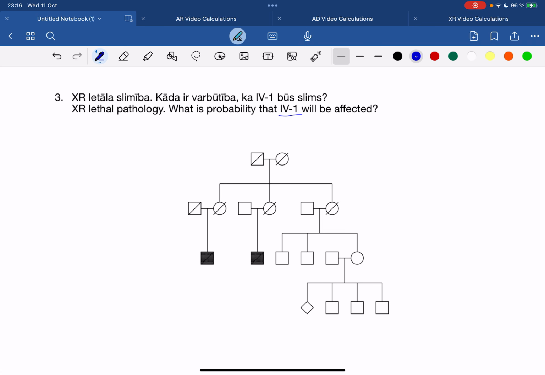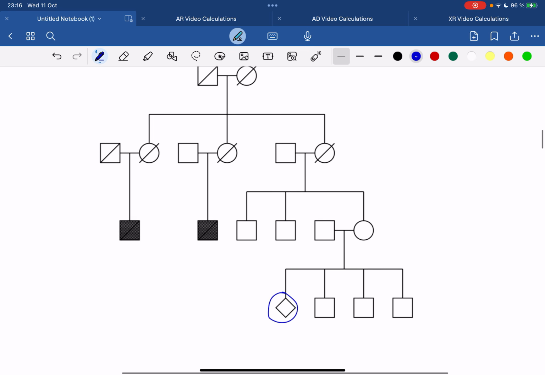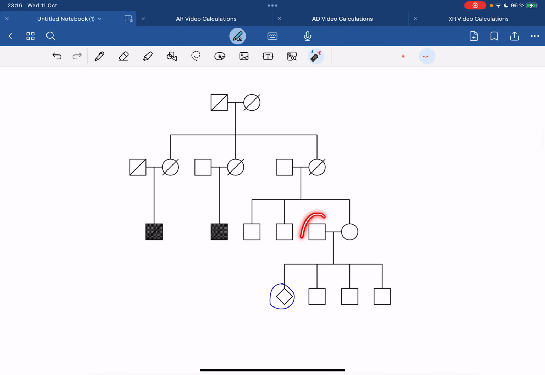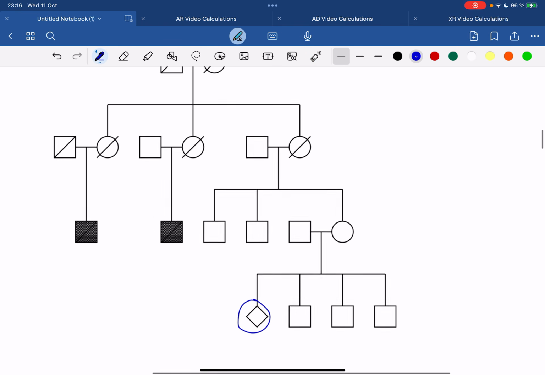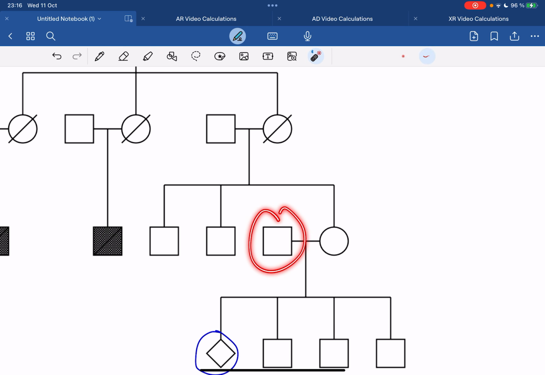So 4-1 is right here. And we're asking what is the chance for 4-1 to be affected. So we go according to the parents. So they are right here. And what is the chance for the father to be affected?